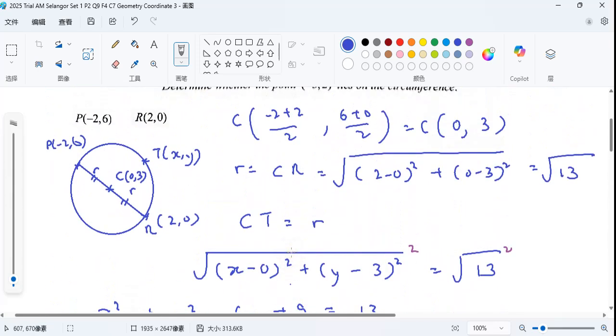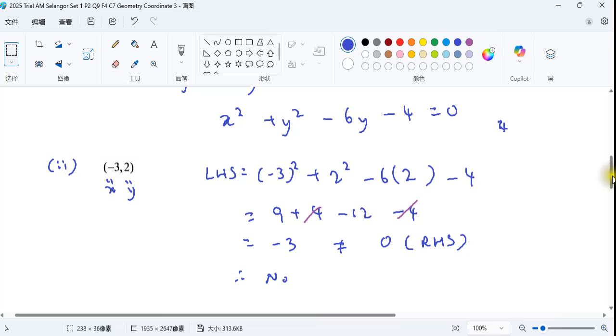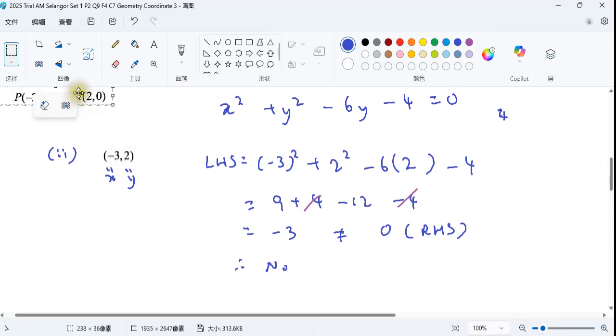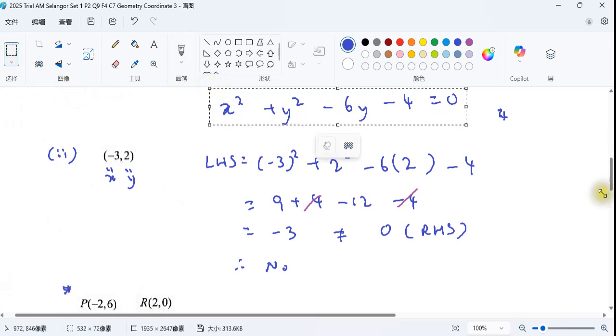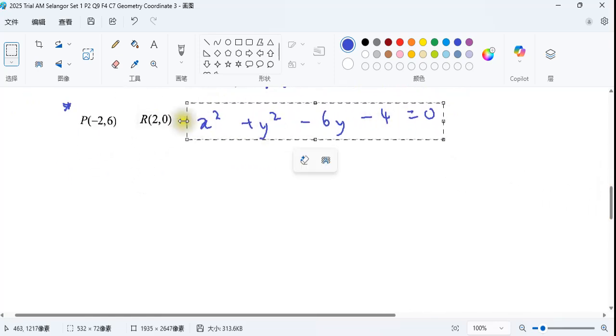Now P and R here lie on this circle. So when we substitute P and R into this equation, the left hand side will be equal to the right hand side.